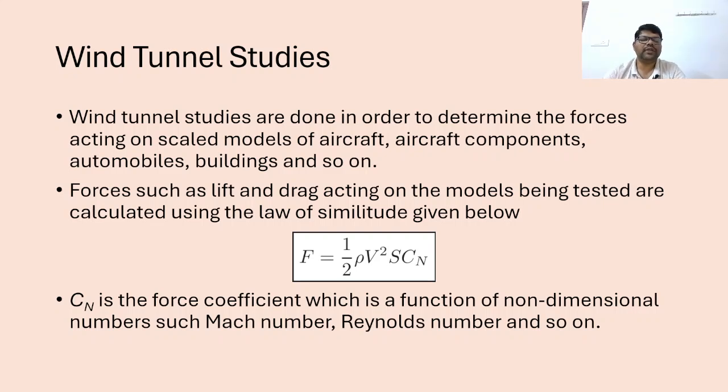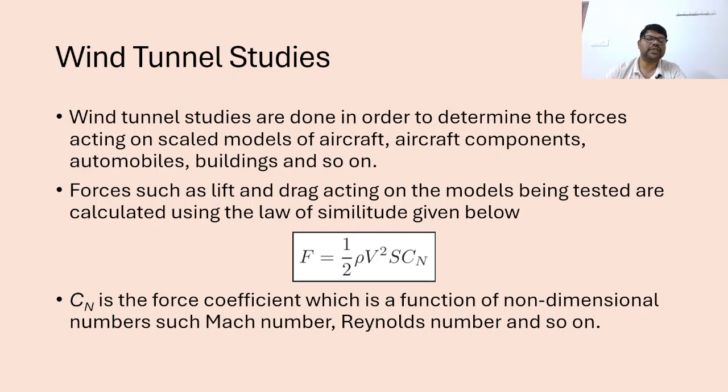The force coefficient C_n is dependent on the flow Mach number and the Reynolds number of the flow used in the wind tunnel. In order to find out the force exerted by the flow on the scale models, we need to determine the flow field variables such as velocity, pressure, temperature, and density.